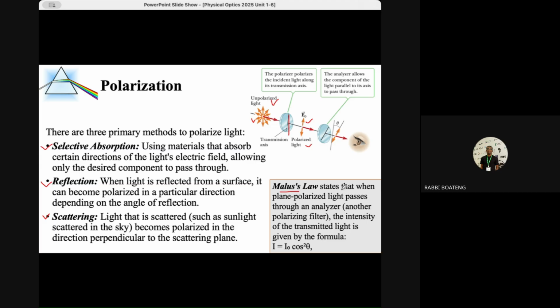Which I'll be talking about later. But the formula here is just the intensity of the final one equals the intensity of the initial one times sine, sorry, cosine square theta. And here, theta is going to be the angle that we've shifted the polarizer. And maybe during your practical section, when you come, I'll show you some polarizers. We have plenty of them lying around.